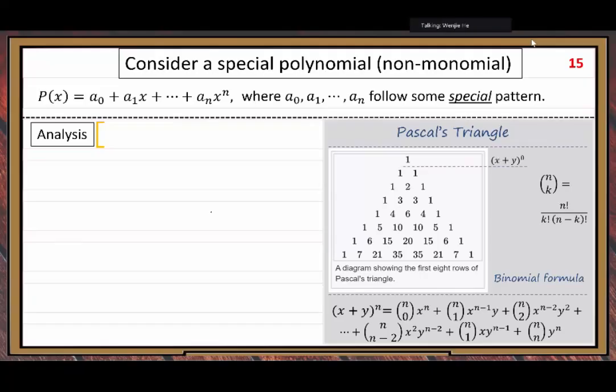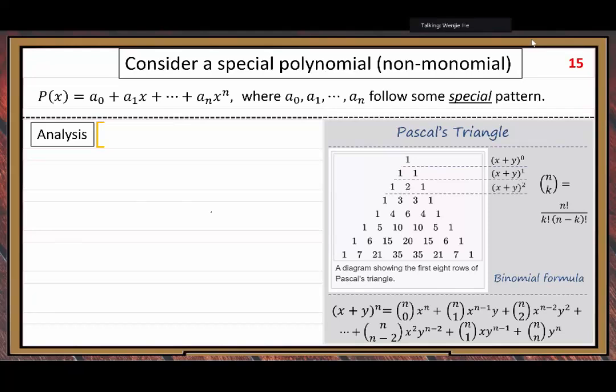The top, only one, corresponds to (x plus y) to the 0 power. That's 1. The second row corresponds to the coefficients of (x plus y) to the first: 1, 1.